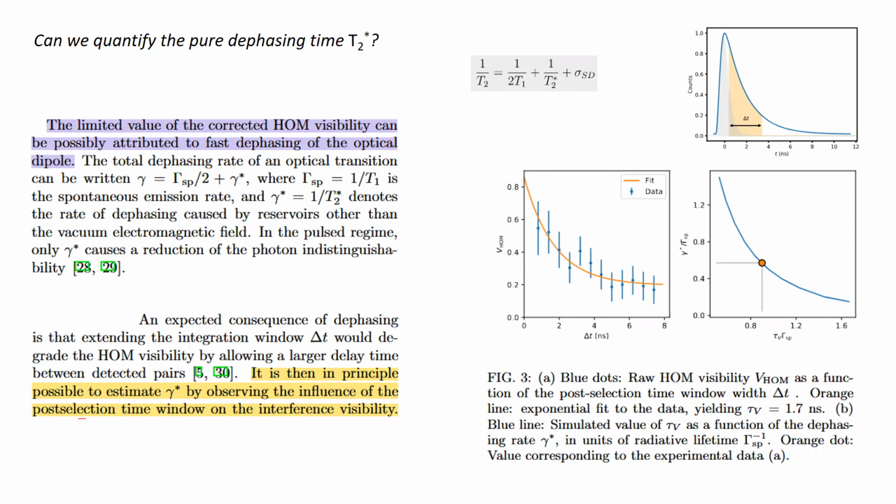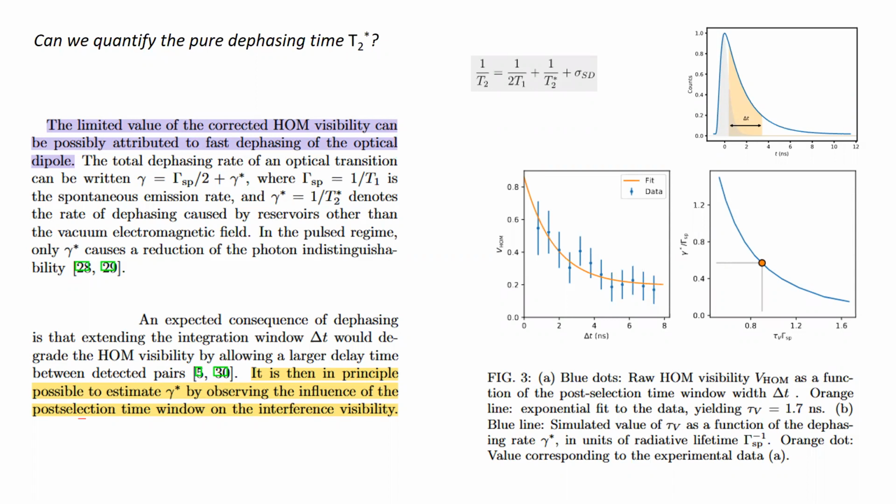If your collection window is, let's say, 20 nanoseconds, it means you're collecting even those photons which are emitted and being there for 20 nanoseconds. If you're there for 20 nanoseconds as opposed to 1 nanosecond, your chance of interacting with the quantum is much higher, right? Because there is some quantum interaction rate that's separate from the excited state lifetime.